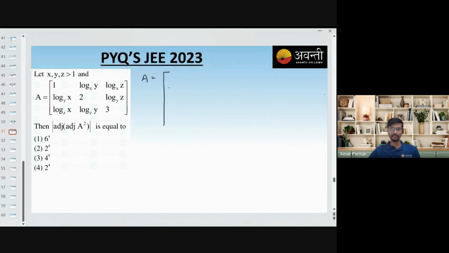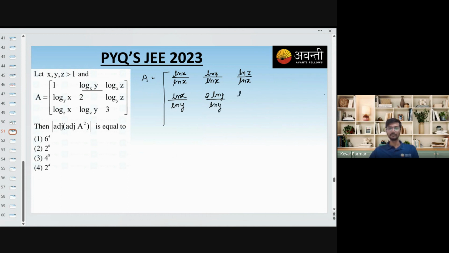So we can write 1 as ln x upon ln x. We can write log y to the base x as ln y upon ln x. And here ln z upon ln x. Similarly, here I can write ln x upon ln y. This will be 2 times ln y upon ln y.